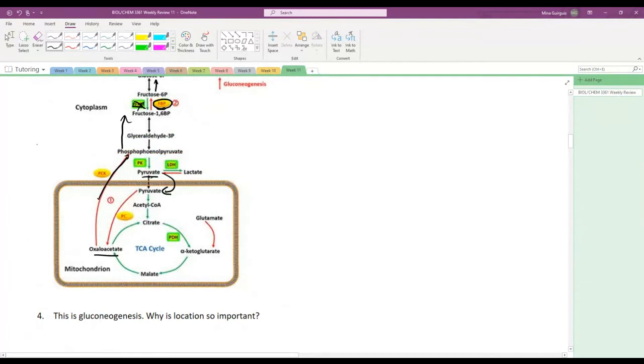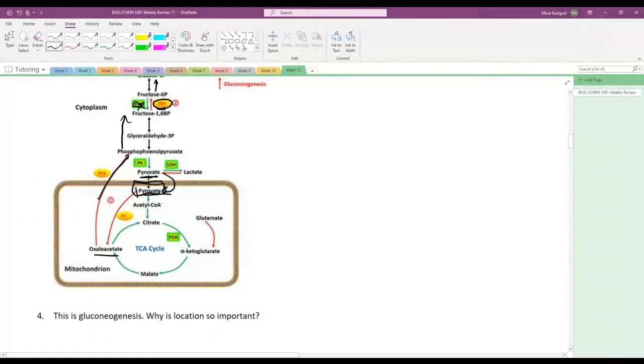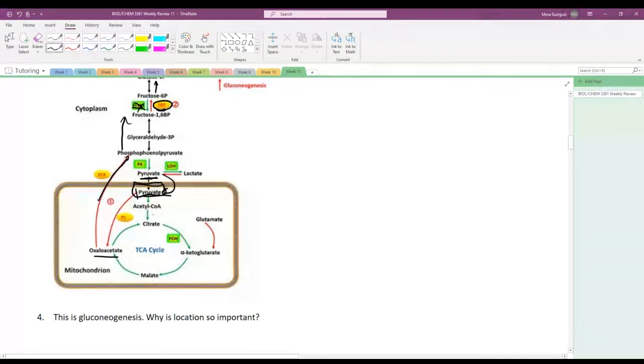So, the first reason that location is important is that this compartmentalization, pyruvate in the mitochondria specifically, is essential because of what we just talked about before I started this question: regulation. Pyruvate going backwards has to be highly regulated. How is it regulated? Acetyl-CoA and citrate.